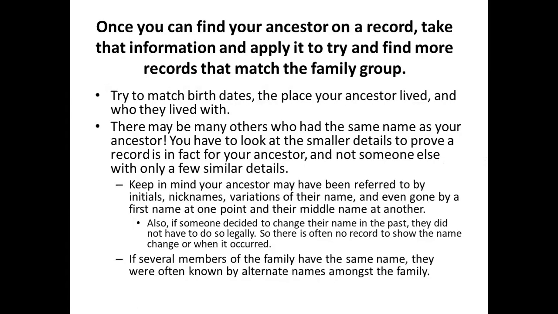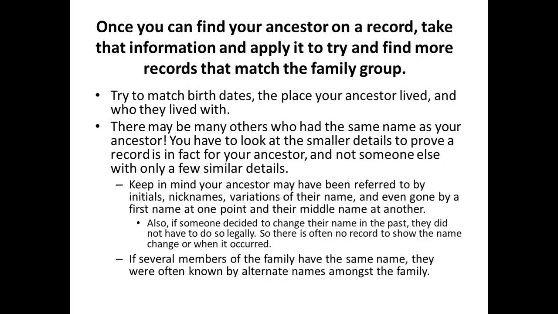So once you find your ancestor on a record, you want to take that information and apply it to try and find more records that match the family group. You want to match the birth dates, the place your ancestor lived, and who they lived with. You want to get that kind of family group. There may be many others who had the same names as your ancestor.